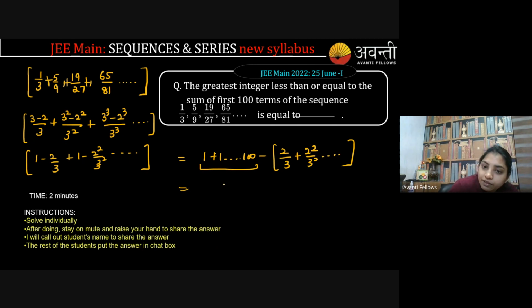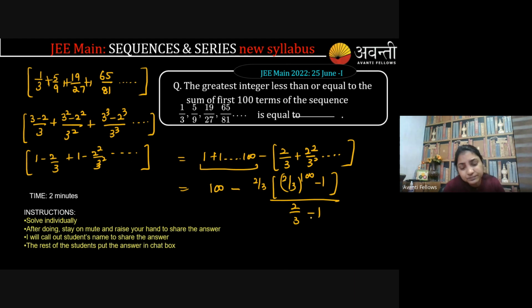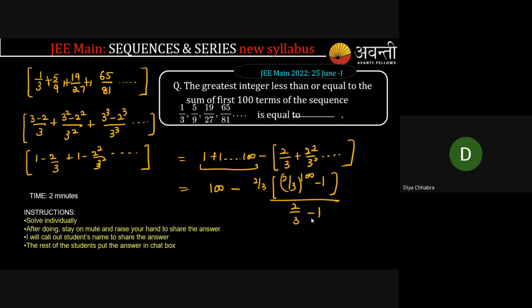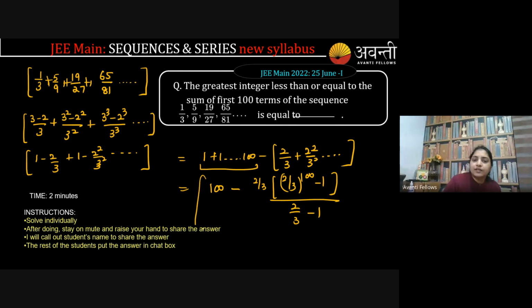So this term will give you 100, minus this, which will give you a GP. It means 2 by 3 times (2 by 3 raised to power 100 minus 1) divided by (2 by 3 minus 1). Clear? Yes, ma'am. So we have to take its greatest integer.